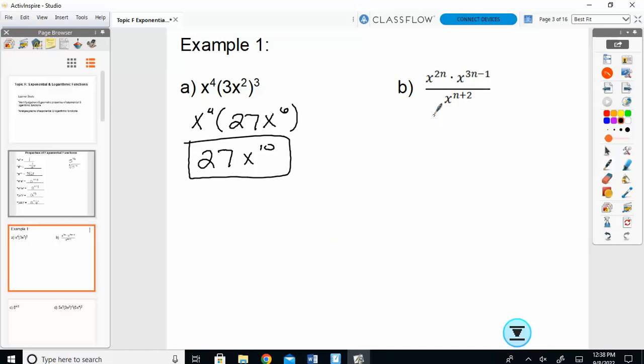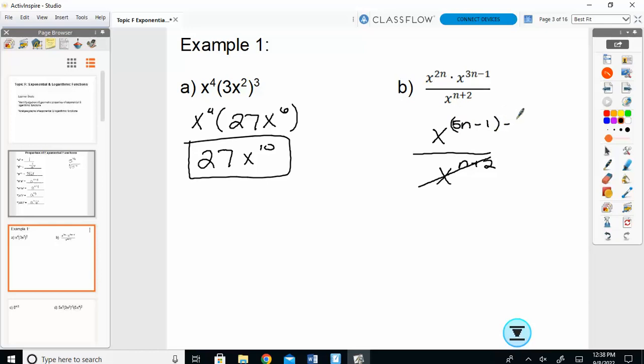All right, B. If I multiply these, add our exponents. So 2n plus 3n is 5n. So we'll have that minus 1. If we divide, what do I need to do with the exponents? Subtract them.